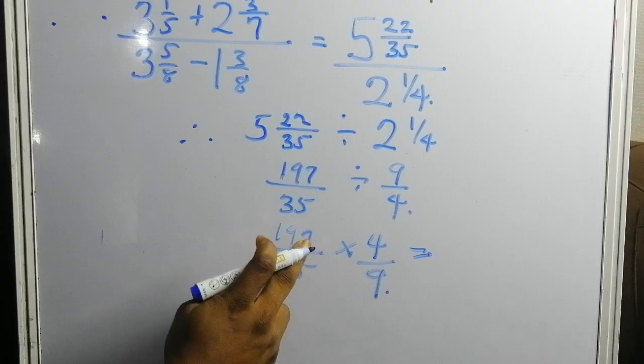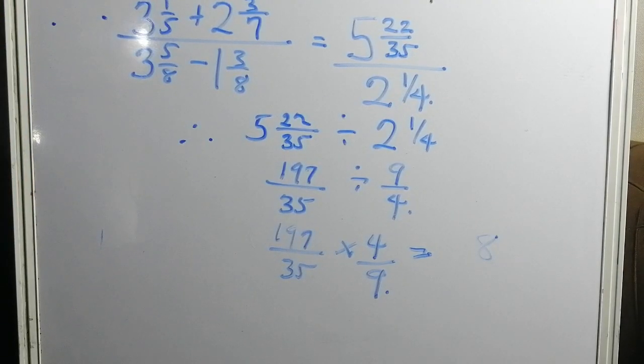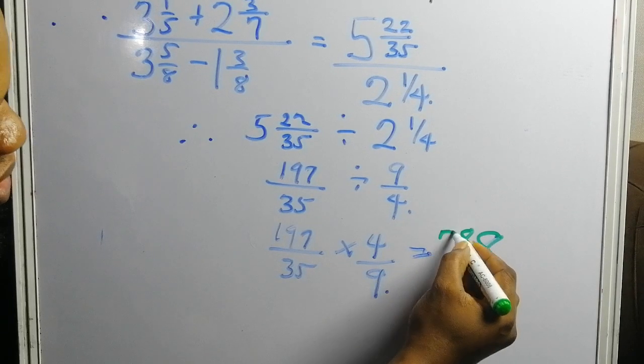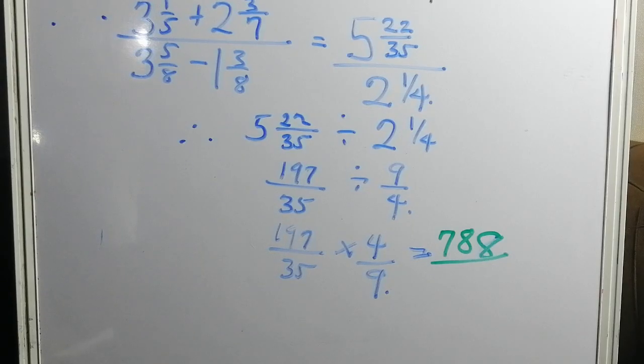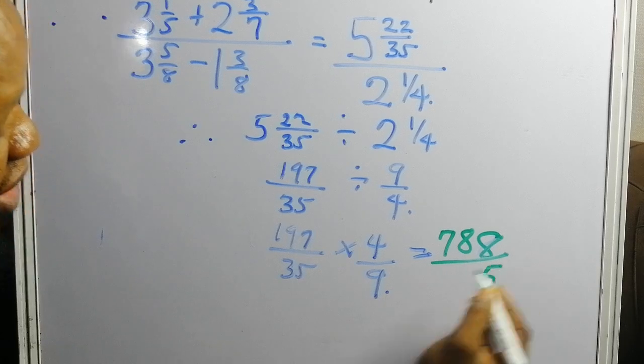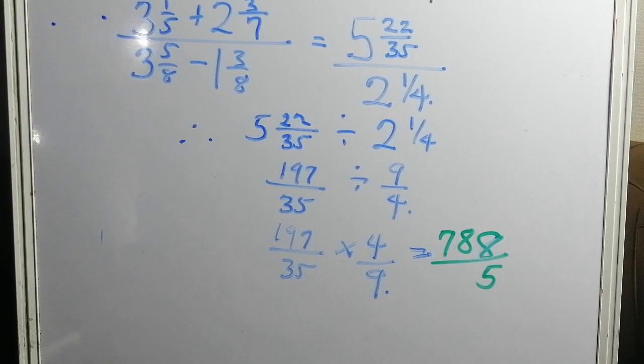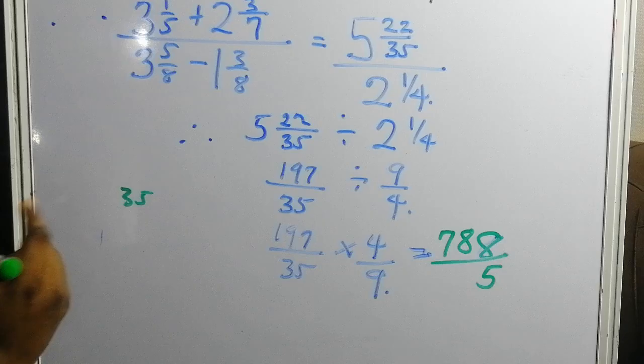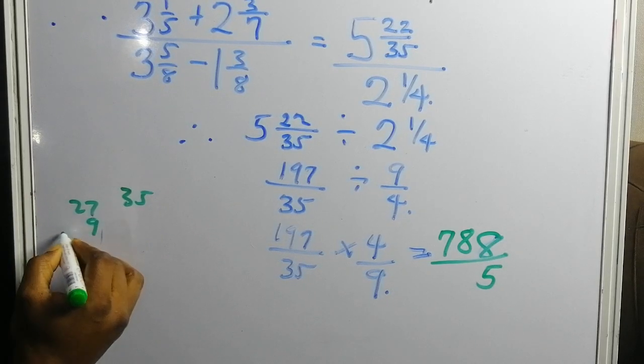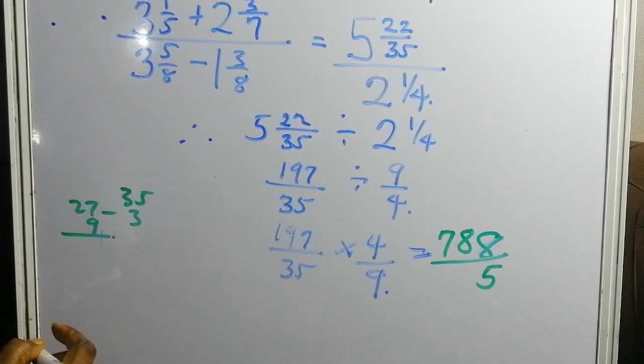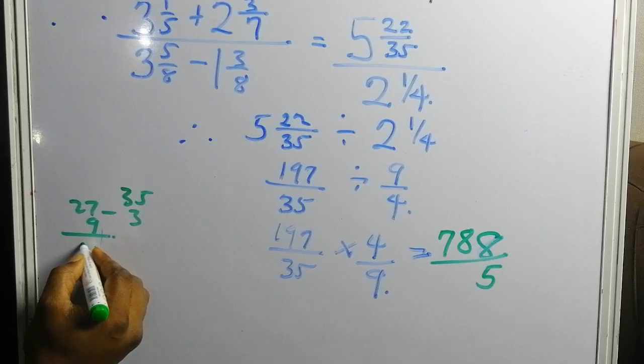So this is very simple. 7 times 4 is 28, carry 2. 9 times 4 is 36 plus 2 is 38, carry 3. 4 times 1 is 4, plus 3 is 7. That's 788.